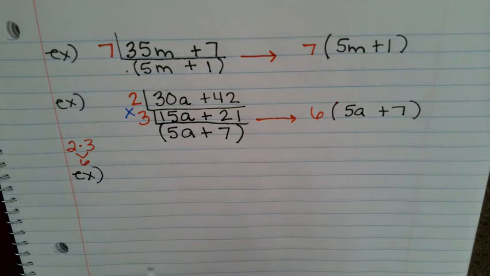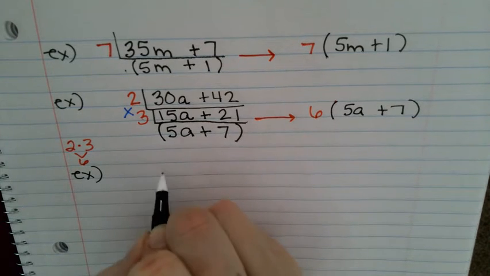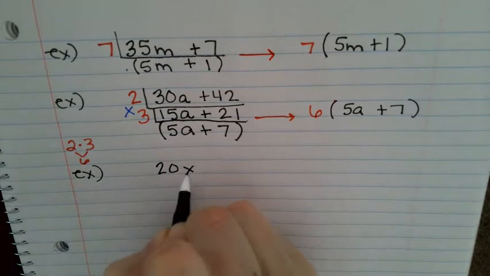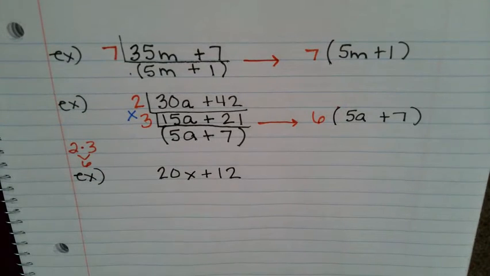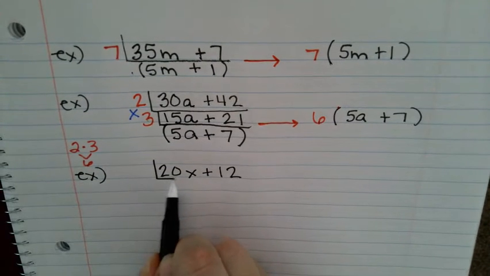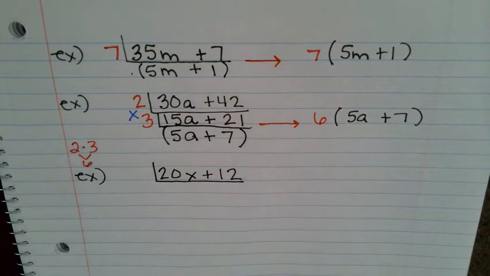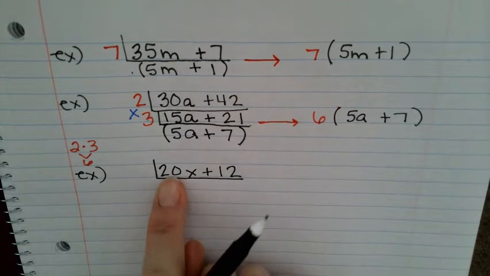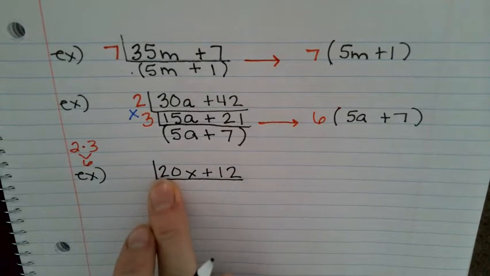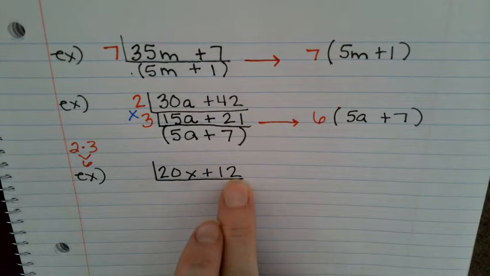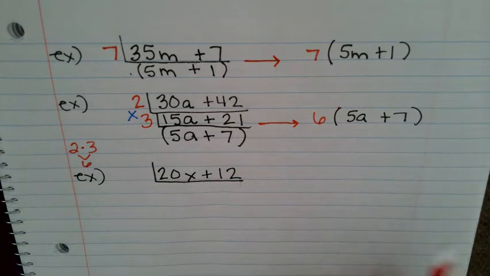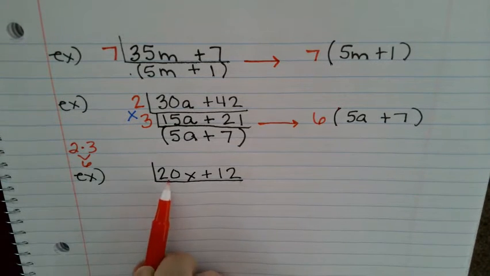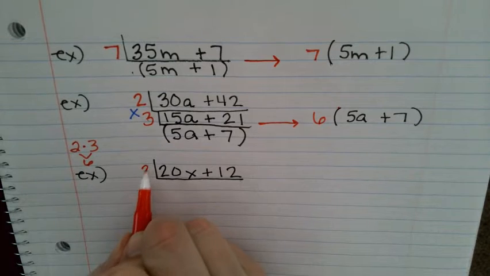I have 20x plus 12. So we're going to start with the decomposing box. I'm going to break it apart piece by piece, okay? Because what I want to do is factor the greatest common factor out of 20 and 12. So I'm going to start with my prime numbers, 2, 3, 5. Well, I noticed that 20 and 12 are both even, so I'm going to pull out a 2.